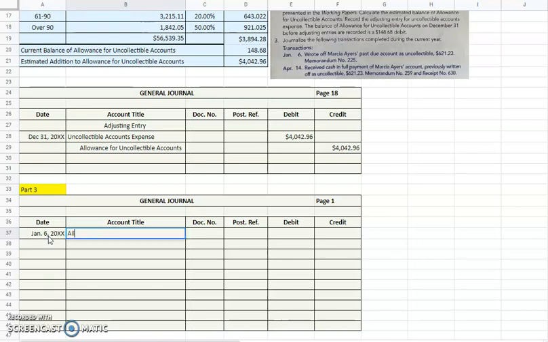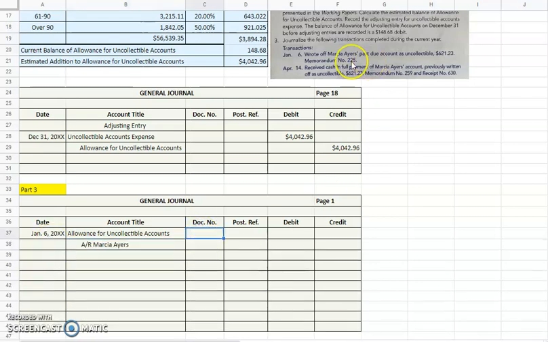And we are going to debit allowance for uncollectible accounts. And we're going to reduce accounts receivable because a credit to accounts receivable will reduce it. Marcia Ayers. It did give us a memorandum number 225. And the amount was $621.23.